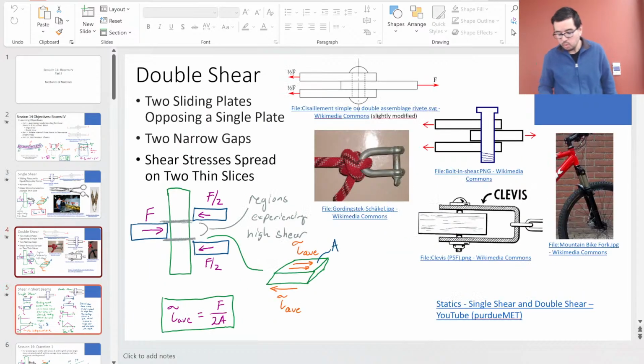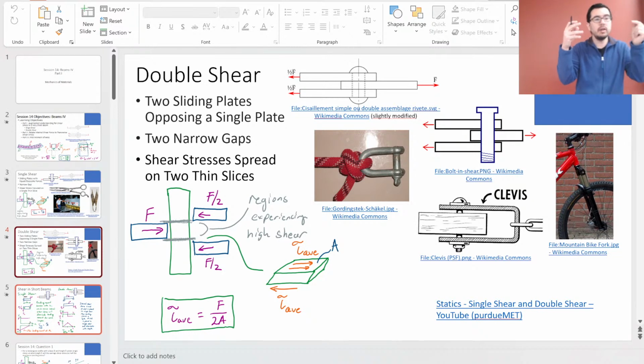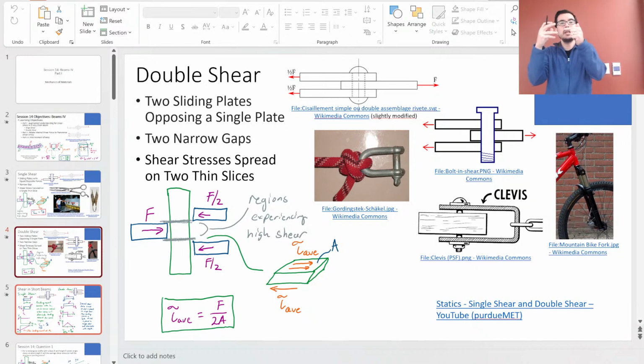What we said for double shear is that the average shear stress is going to be F divided by twice the cross-sectional area. What's happening is you have these two sliding plates, and you have one opposing plate creating shear, or two regions of shear here and here.